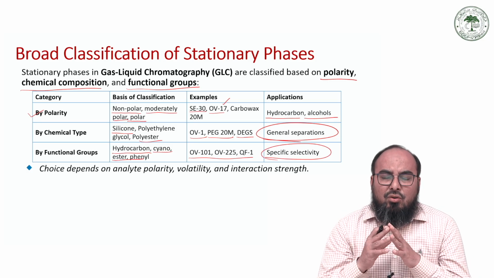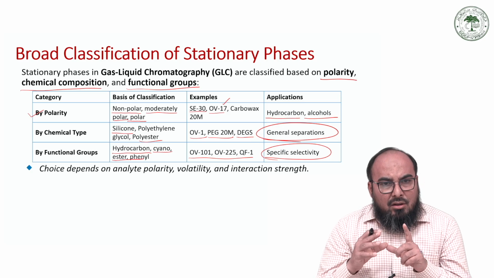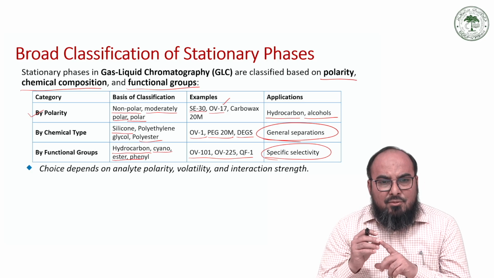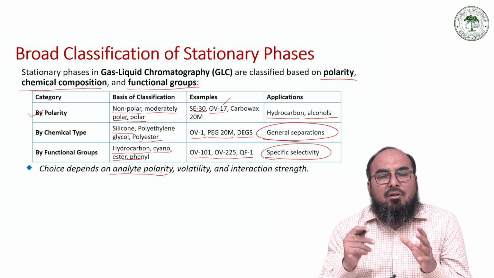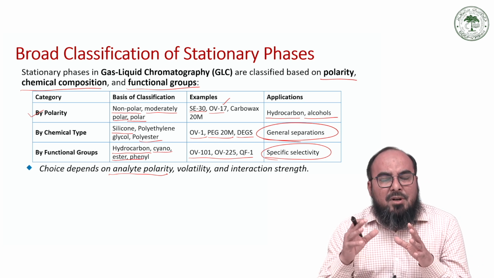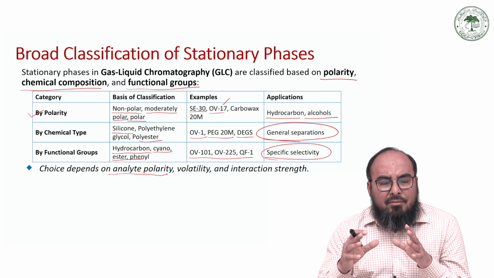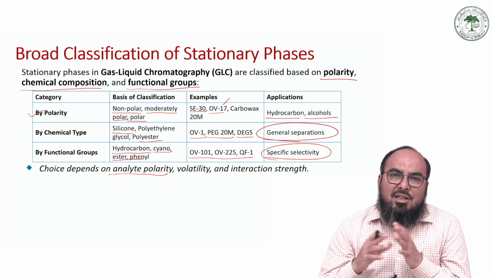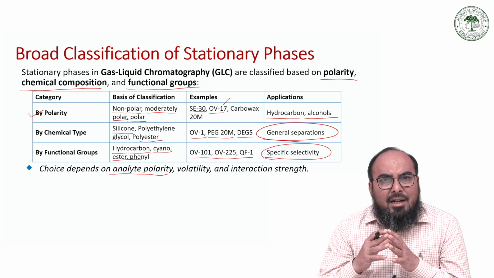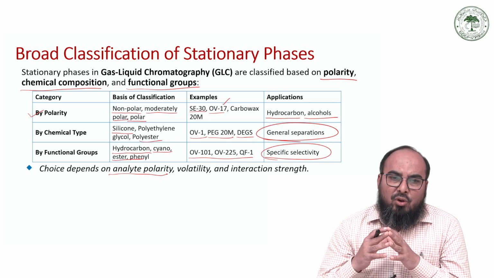So what you have to remember is that you have to choose in terms of analyte polarity, whether the analyte present in the sample is polar, non-polar or partially polar, that is moderately polar. So you have to decide your stationary phase in terms of the polarity.